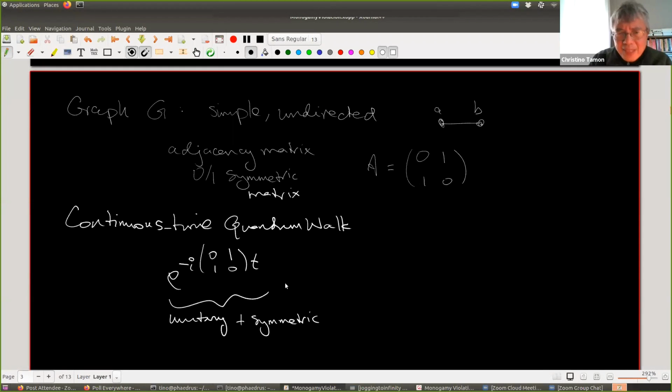So the explanation for this is we use the spectral decomposition of this matrix. So in this case, I'm just going to write this because I'm going to use it later.